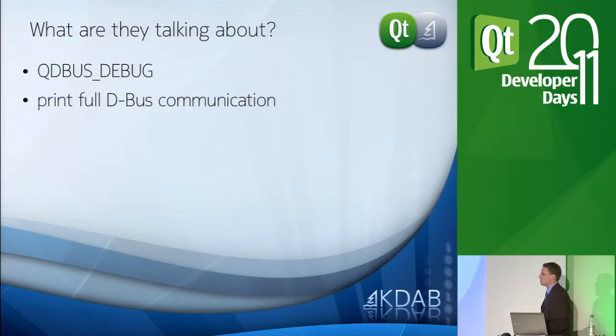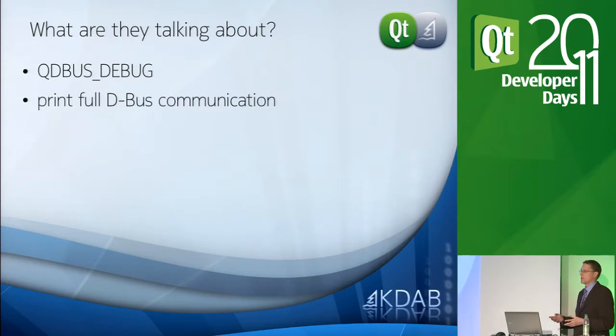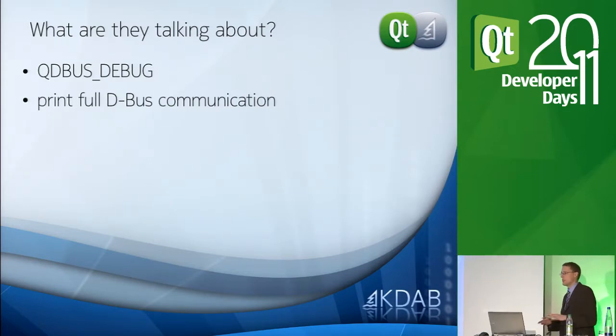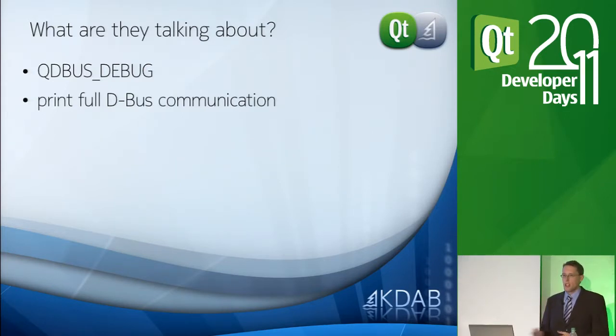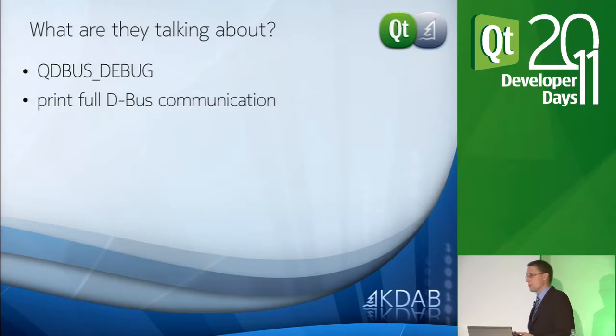If you're using D-Bus in your application, D-Bus is, well, mainly used on Unix, an inter-process communication framework. Like with any communication, you might want to look at what's actually happening there. So if someone is not replying to your method call, that could be because your call never got out.